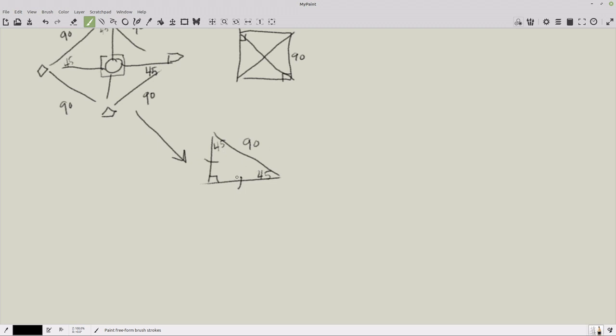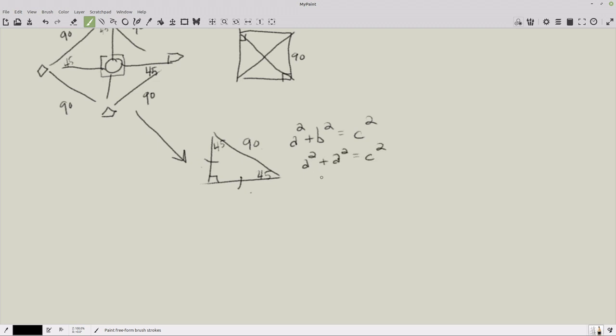Typically if you're trying to find a side, you're going to use the Pythagorean theorem: A squared plus B squared equals C squared. Let's say this is A, this is B, and this is C. A and B are the same, so I can rewrite that as A squared plus A squared equals C squared.